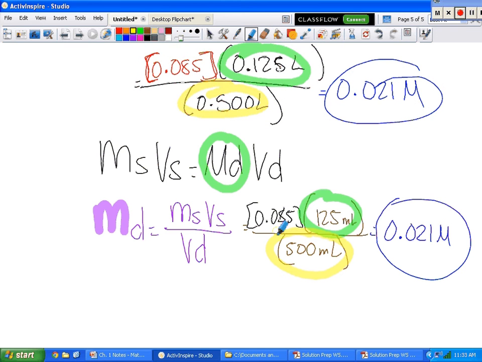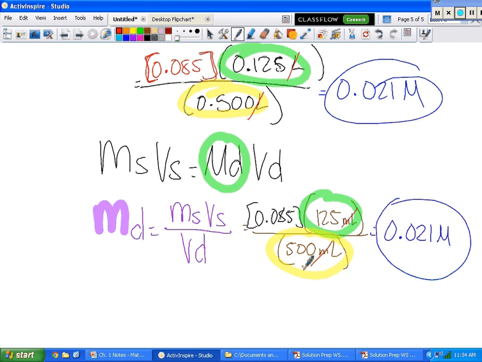The problem you see is that 0.125 is way less than 125 and 0.5 is way less than 500. But mathematically, are they equivalent? So ratio-wise, would they result in the same ratio? Yes. And the simplest answer is, what do both units do? Leaving you with molarity. So since the ratio would be the same, the answer will be the same.